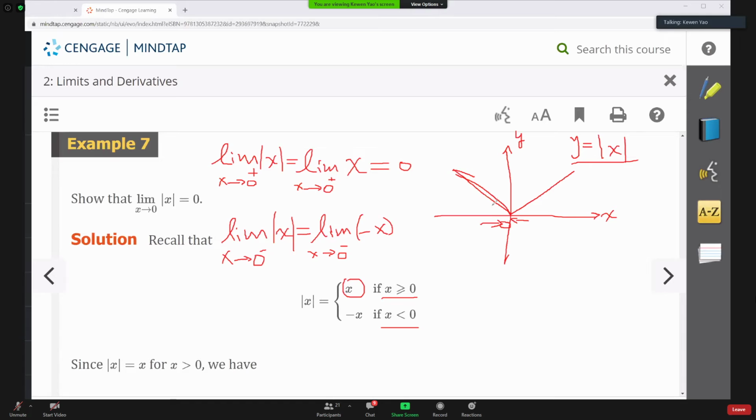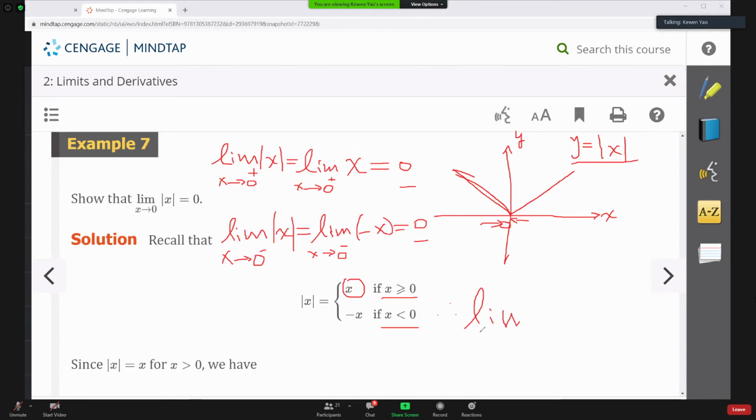Now you can see that as x goes to 0 from the left side, the limit goes to 0. The right limit and the left limit are both equal to 0. They are the same. So the two-side limit exists and equals the common value.